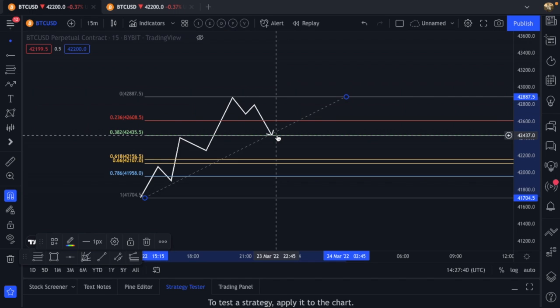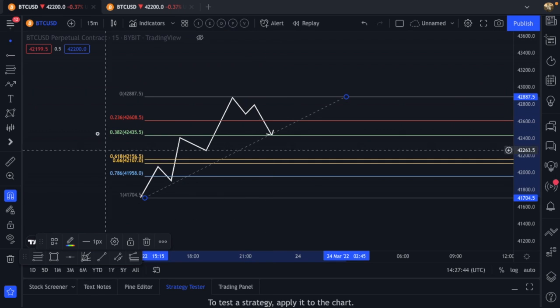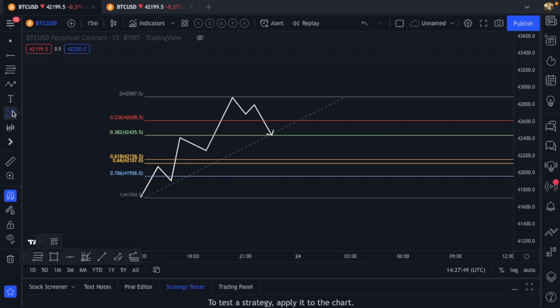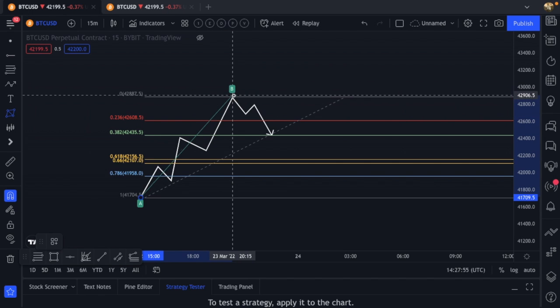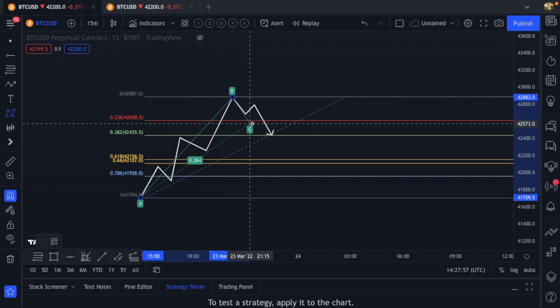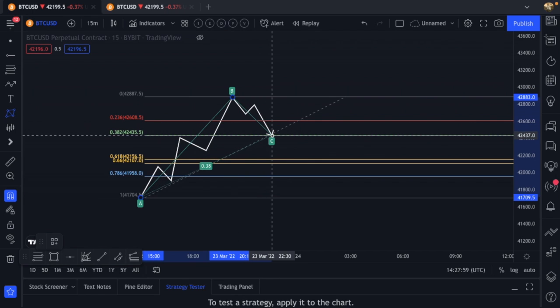In the case of the AB equals CD, I'll just place this on here so we start to get an idea of what we're looking at. So A to the high is going to be our B point, and then this will be our C point.